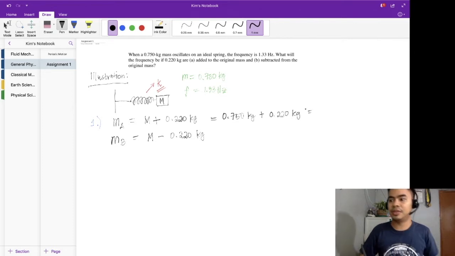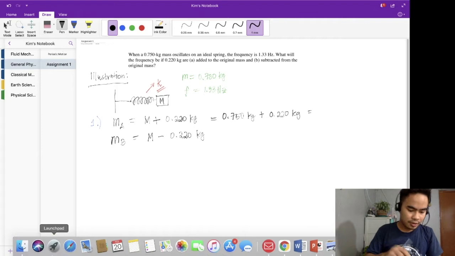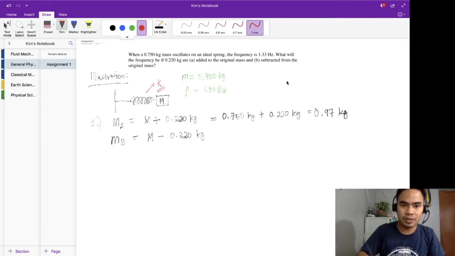So for mass A, 0.750 kilograms plus 0.220 kilograms. Let me get my calculator. That would be 0.750 plus 0.220, so you will get 0.97 kilograms.